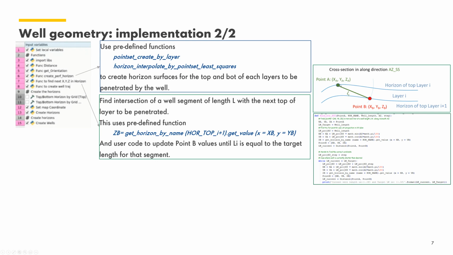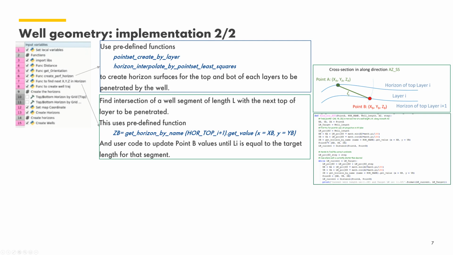What you see here on the graphic is, let's say you already have created this point A and you want to find the next point B on the next layer. But you want this point to be at a specific length from point A. To do that, you can write direct Python with the logic, and you can see I've put some example here.